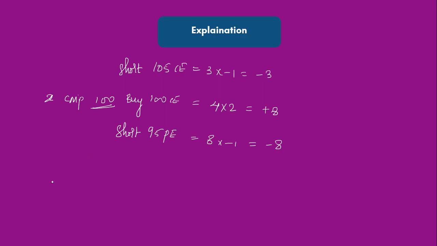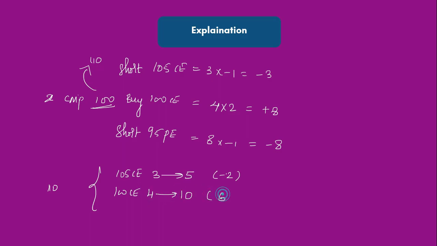Now say if the stock goes to 110, say this 100 goes to 110, what would happen? 105 call from 3 would become 5, giving you a loss of 2 rupees. 100 call from 4 would become 10, giving you a profit of 6 into 2, that is 12 rupees.